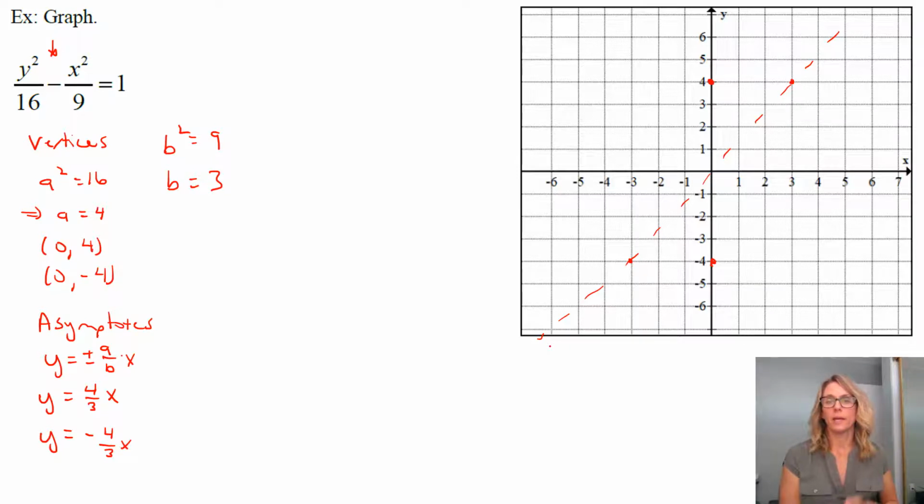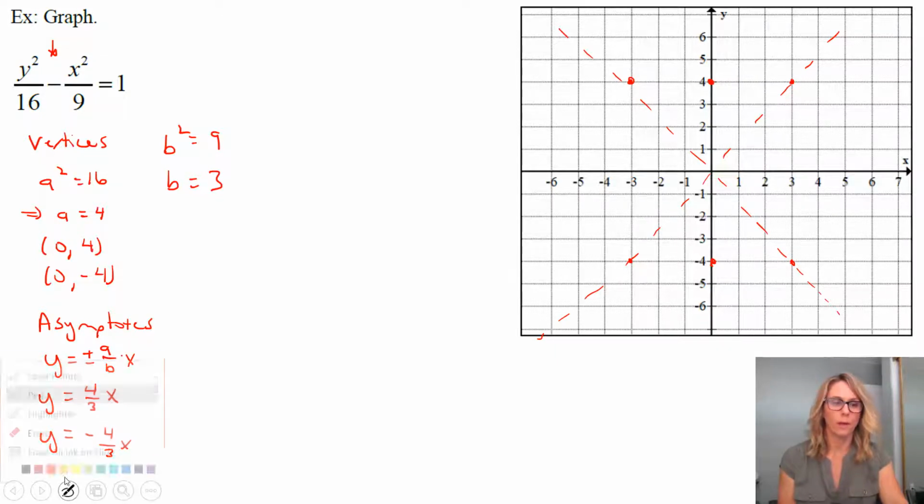Okay, and then we do the same thing with the negative 4/3. So we'll go up 4, but to the left 3, and we will go down 4 and to the right 3, and then that will send our other asymptote this way. There we go.